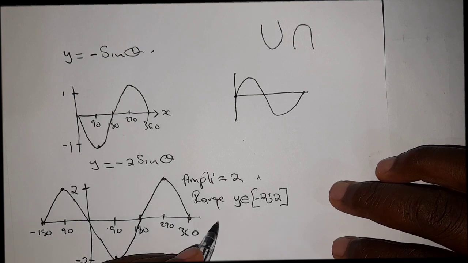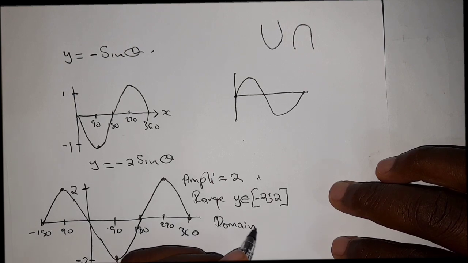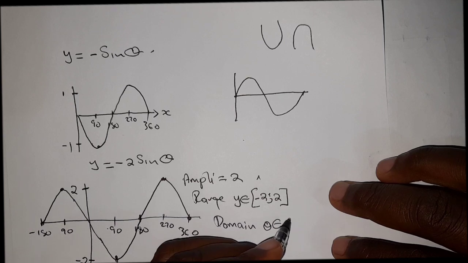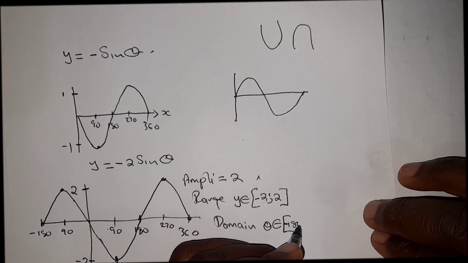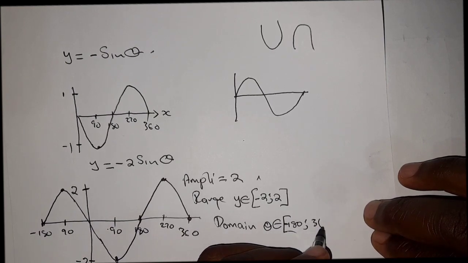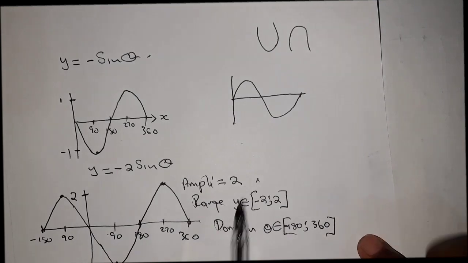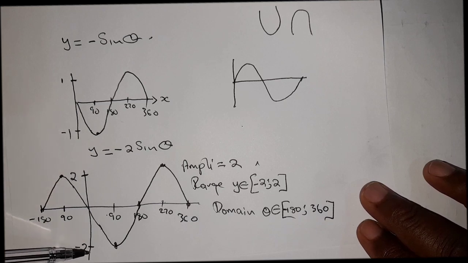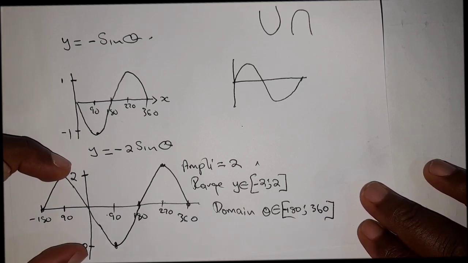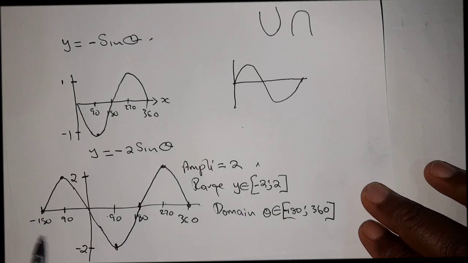And then my domain, I'm starting from negative 180 coming to 360. So my amplitude is 2, going as high as 2 and as low as negative 2. My range is from negative 2 to positive 2. My domain, that is the x values, is from negative 180 to positive 360.